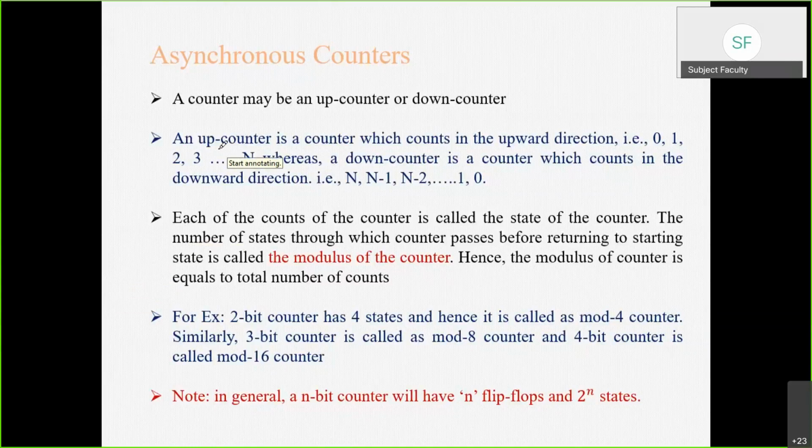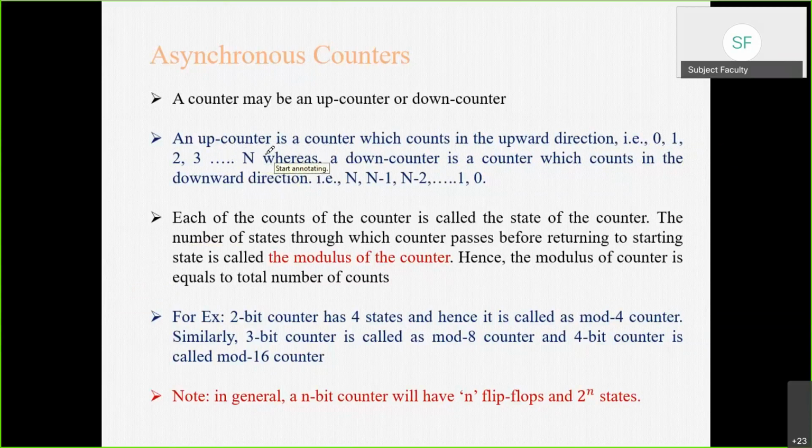Okay. So what do you mean by up counter? It is pretty much obvious that a counter which counts in upward direction is called an up counter. That is the counter which starts its count from 0, 1, 2, 3, and so on, whatever is your last count.